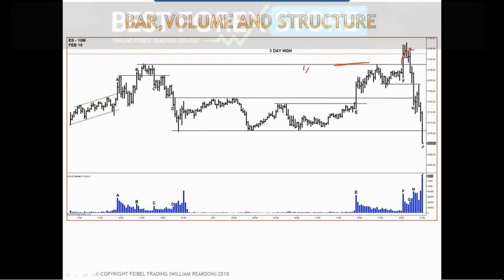So this is a very, very weak bar, as we can close 90% under. So this is why this move occurs. This tells us that supply is in the market and these highs have clearly been rejected.